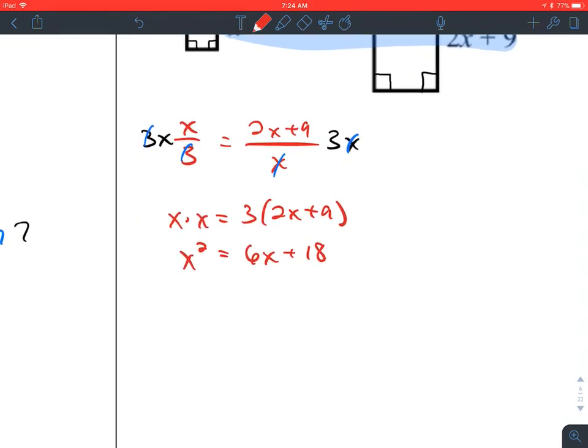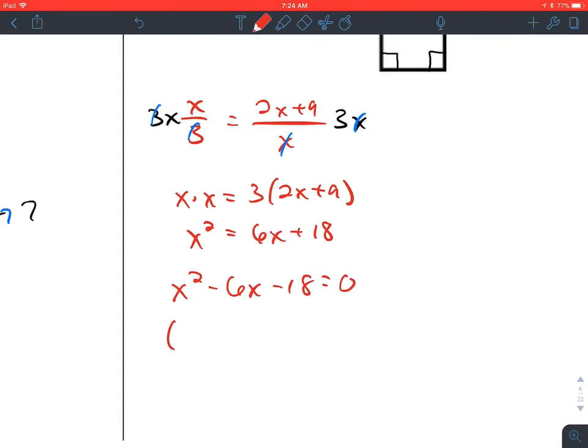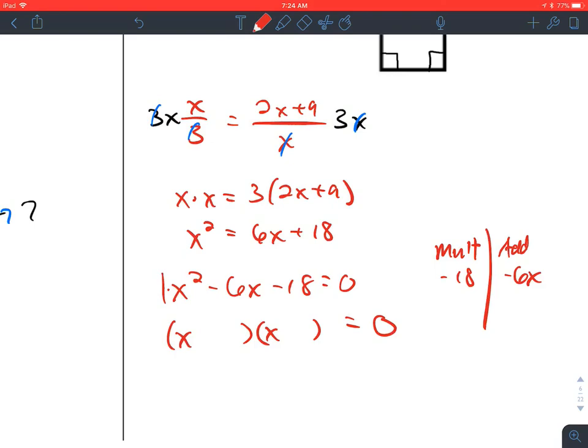Just like the last problem, this is a quadratic. We need to get all the terms on the same side and factor it. We are lucky again, this is a trinomial in which the lead coefficient is 1. So in the first spot of each binomial, put x, which is the square root of x squared. Then we've got to figure out two numbers that multiply to get negative 18 and add to get negative 6.